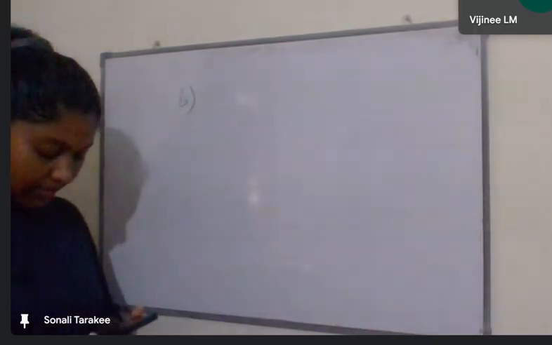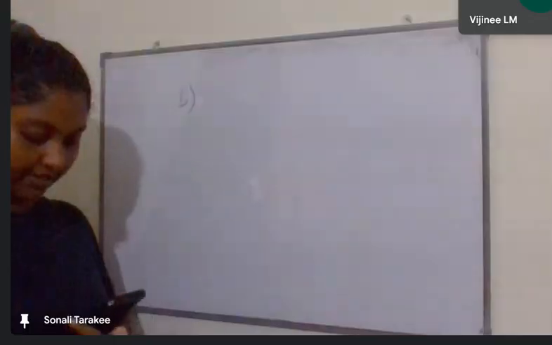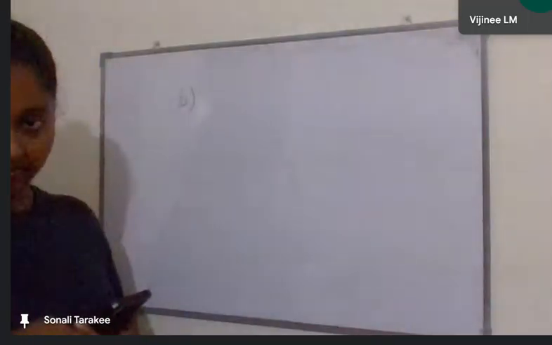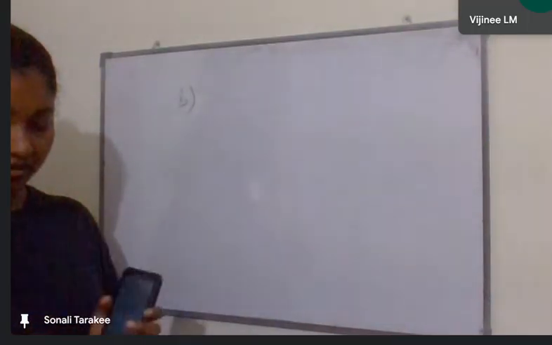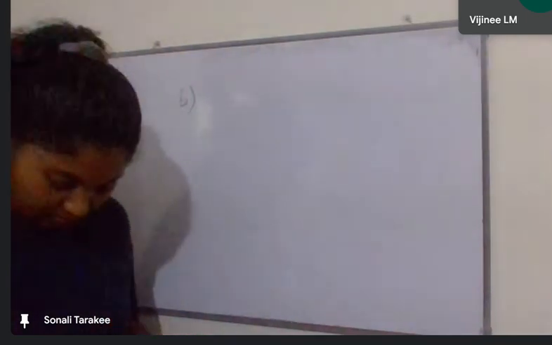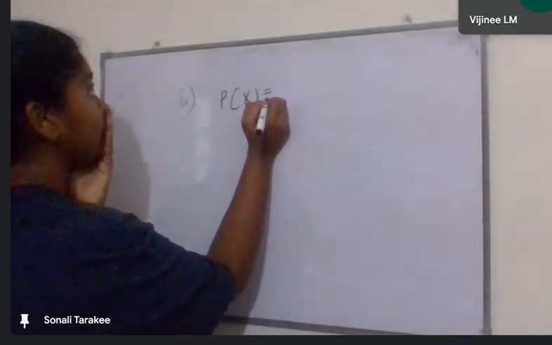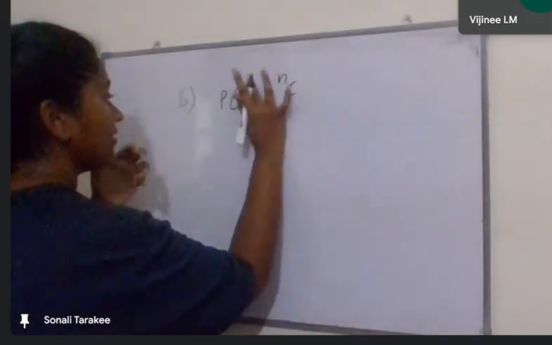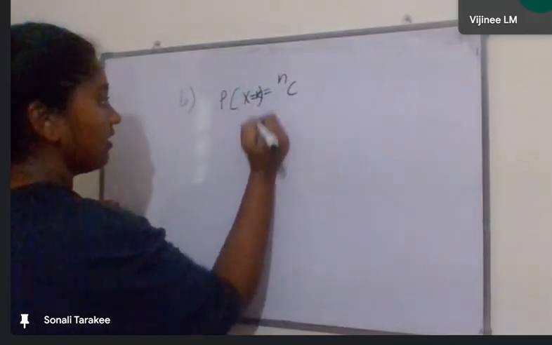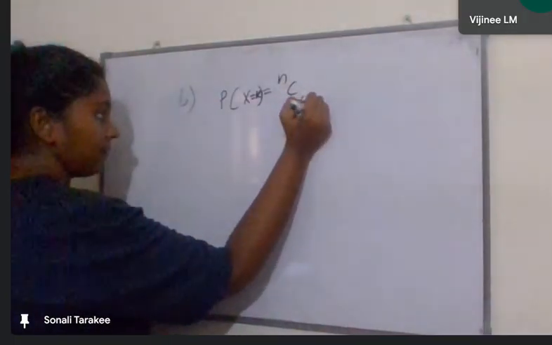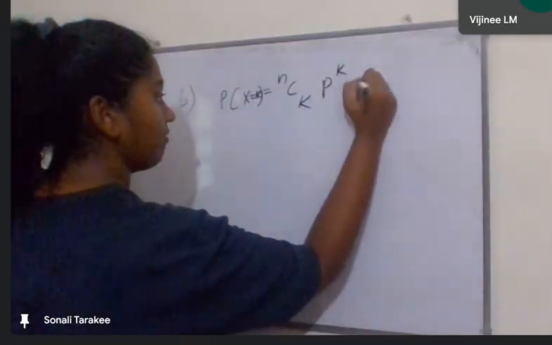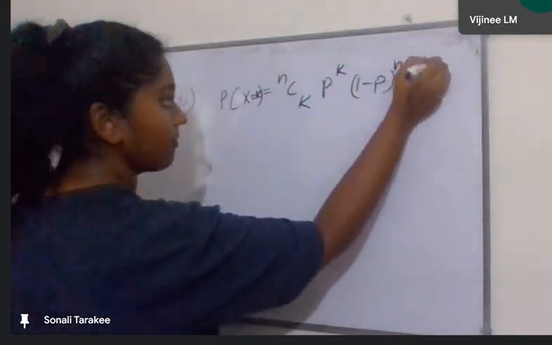So they are asking what is the probability that he gets no correct answer. First of all, we write the formula. P(X = k) = nCk p to the power k (1 minus p) to the power n minus k.